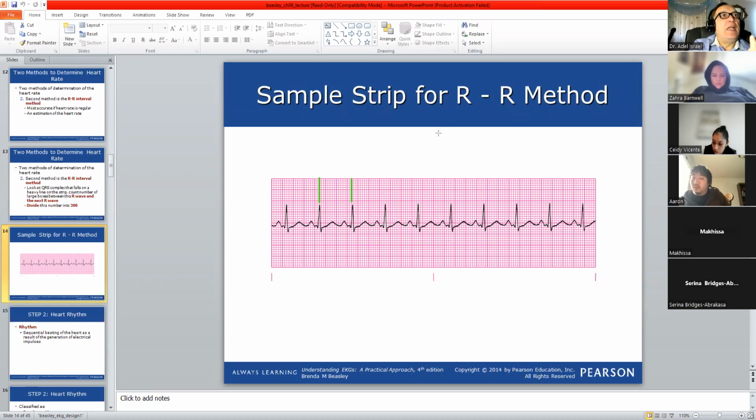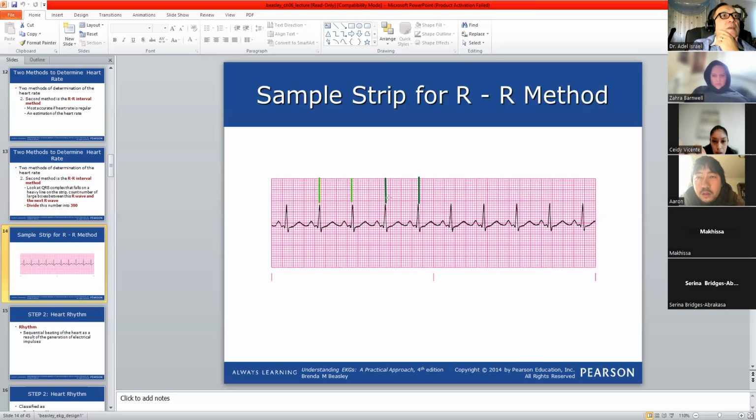Very good. Let us go by another technique. What is the other technique? Let us go by the small squares. So let us go from here to here, which we call RR. Okay, let us count. 1, 2, 3, 4, 5. So 9. Another 5, 14.